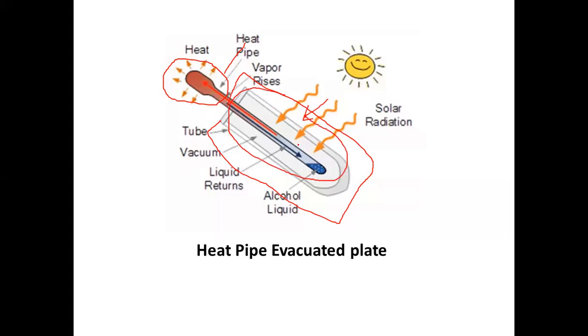Intensity of the heat in this area is much higher, and here intensity is getting reduced. So the particles are getting condensed, and that heat energy will be transferred here. So the use of this type of collector is to exchange the heat energy.